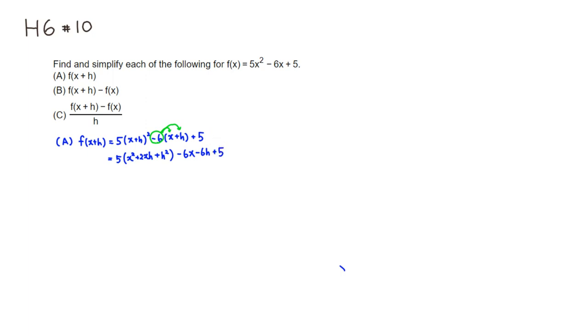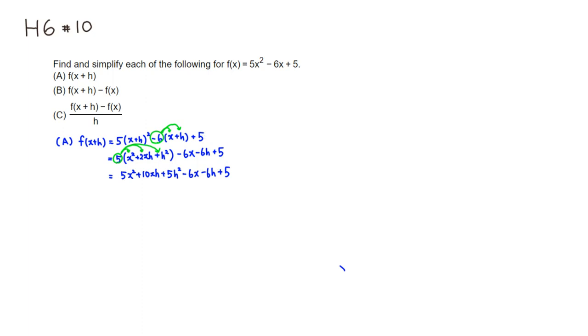Then we can finally distribute 5 to all three terms in the parentheses. This is going to give us 5x squared plus 10xh plus 5h squared minus 6x minus 6h plus 5.